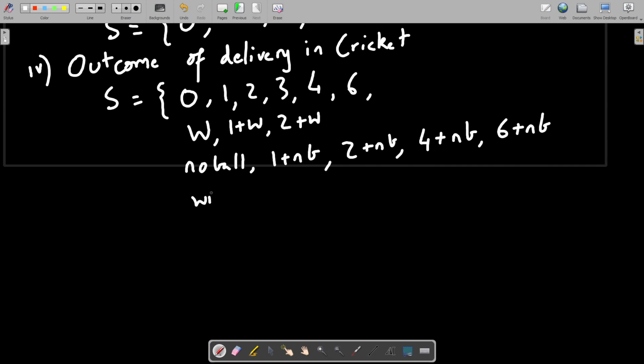Wides are there now. Can you score runs on a wide? How many? 1 plus wide.